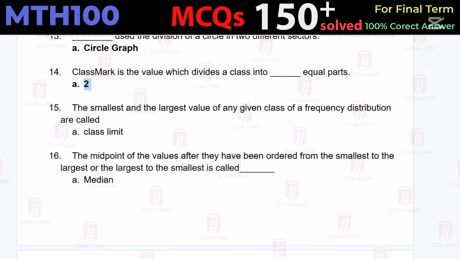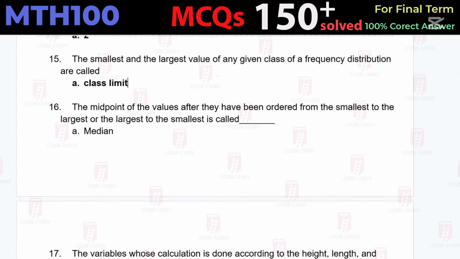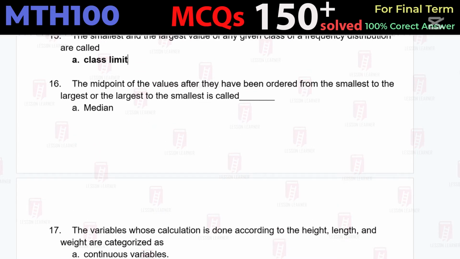Two. The smallest and the largest value of any given class of a frequency distribution are called class limits. The midpoint of the values after they have been ordered from the smallest to the largest, or the largest to the smallest, is called median.